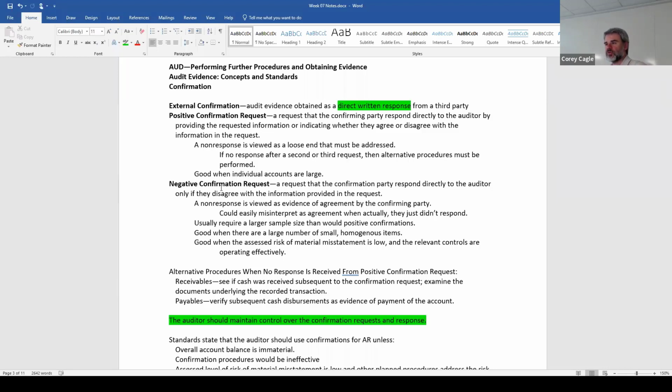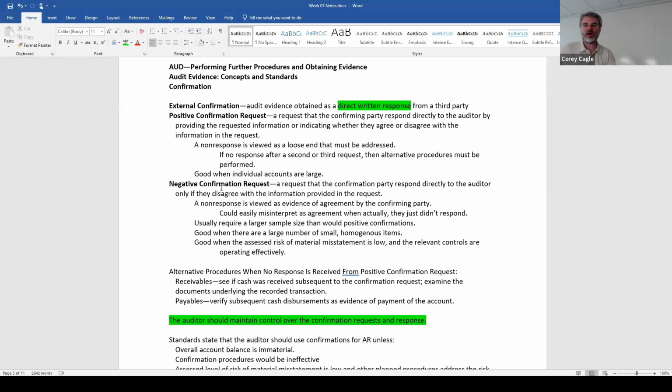There are two main types here, a stronger form of evidence versus a weaker form of evidence. So there are positive confirmation requests. These are stronger evidence.